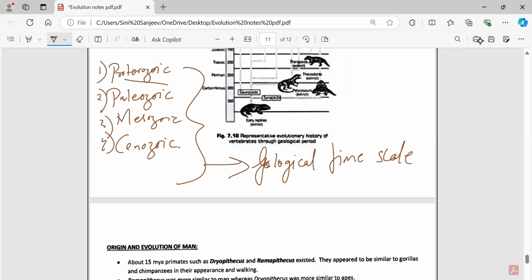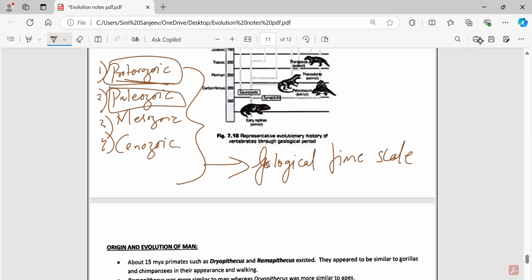And obviously the release of oxygen, then came photosynthesis and all those things. It all took place in this era. Gradually the single cell organism became a multicellular organism. So this is all about the Proterozoic era.